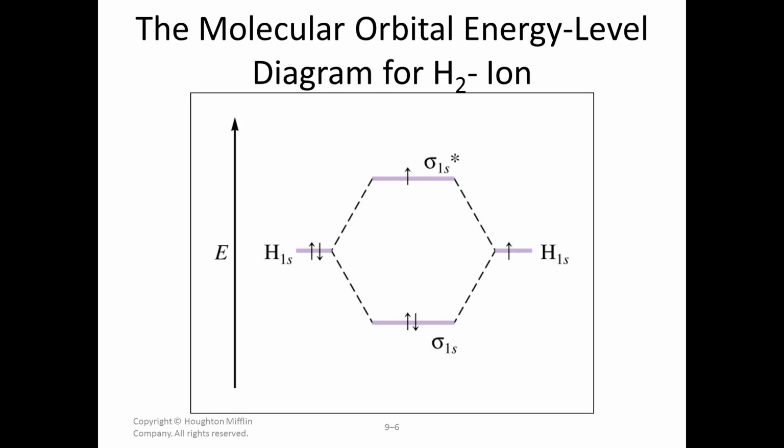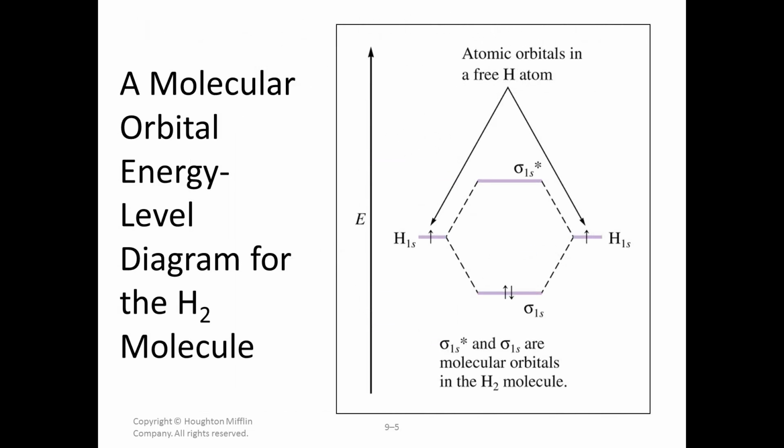A large bond order indicates a greater bond strength. For hydrogen, we would have 2 bonding electrons, no antibonding electrons. 2 minus 0 is 2, divided by 2 is 1. We would have a bond order of 1.